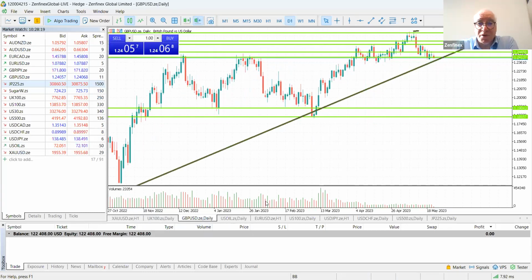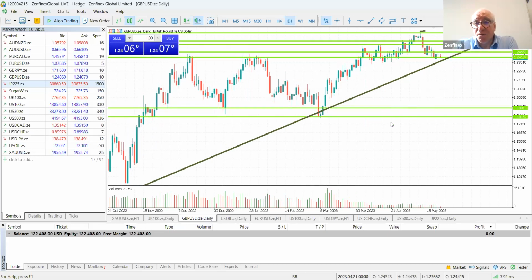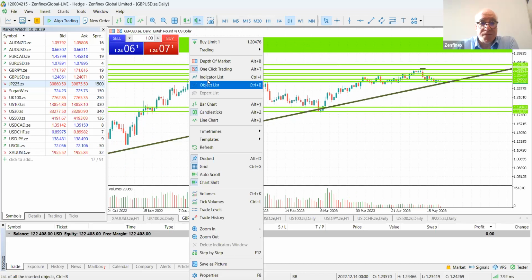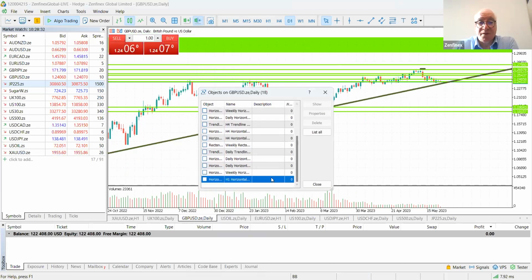Let's take a quick look at the British pound. And I'm going to get rid of all these lines and start again from the top-down approach. Let's get rid of everything first.